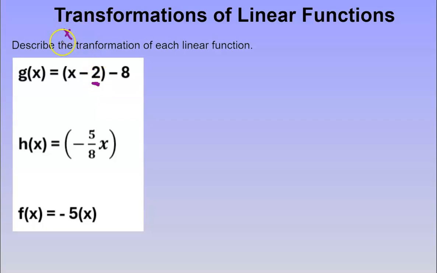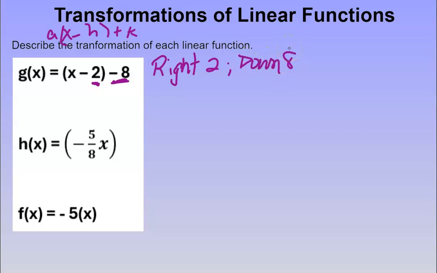Because remember, I have x minus h plus k, and then the a is right here. So the h is a positive 2. That means it goes to the right 2. And then this minus 8 on here, that's my k. That means it's going to go down 8.